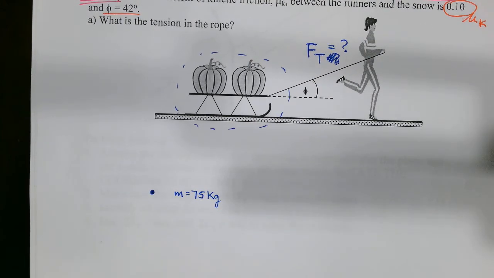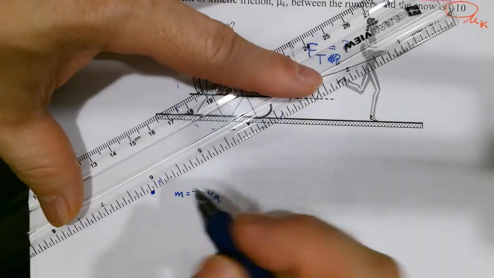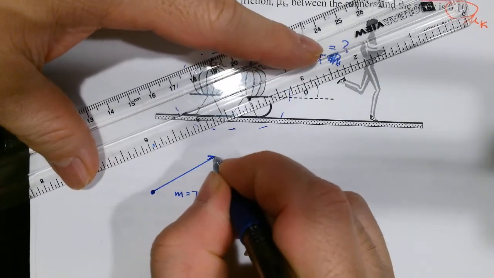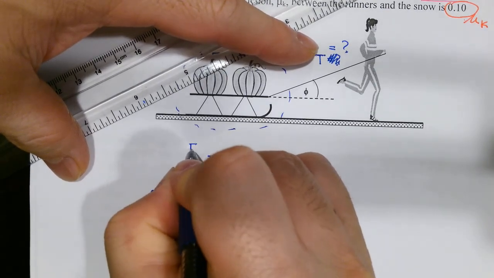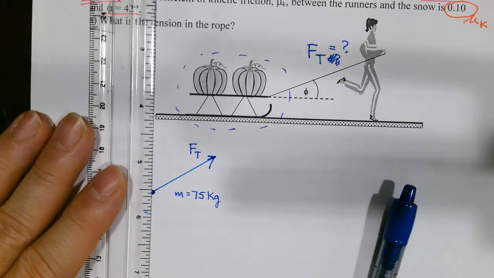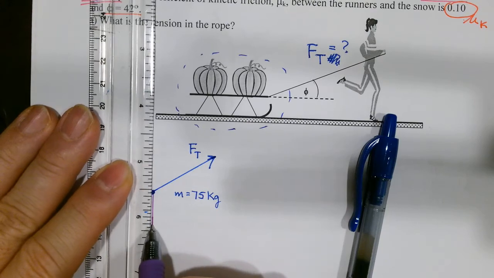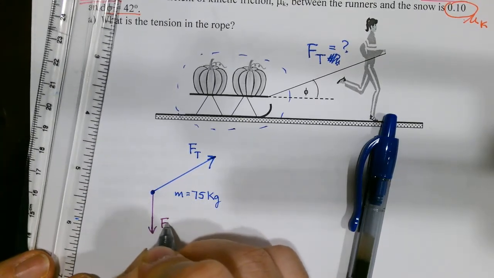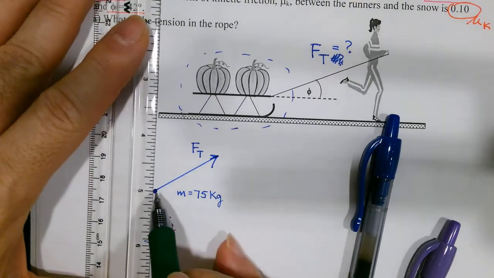So here I have F tension, and I have Fg, and I have F normal.